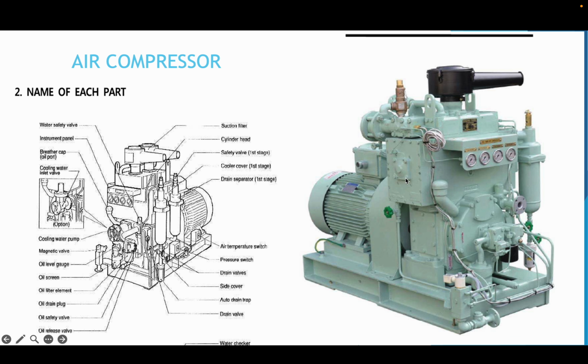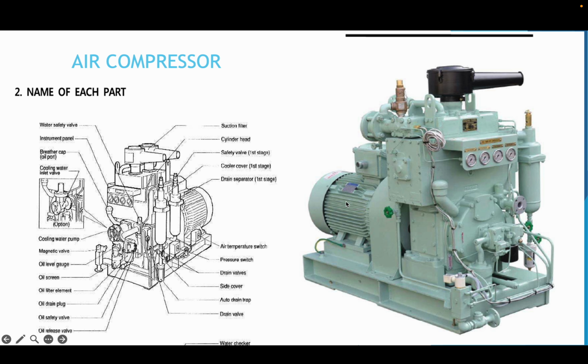This is the second air discharge valve. On that side is the suction valve, and inside is the first stage piston, LP suction. This is the breather of the crankcase. This is the oil screen filter, and this is the oil filter. This is the drain separator element, and this is the second stage drain.